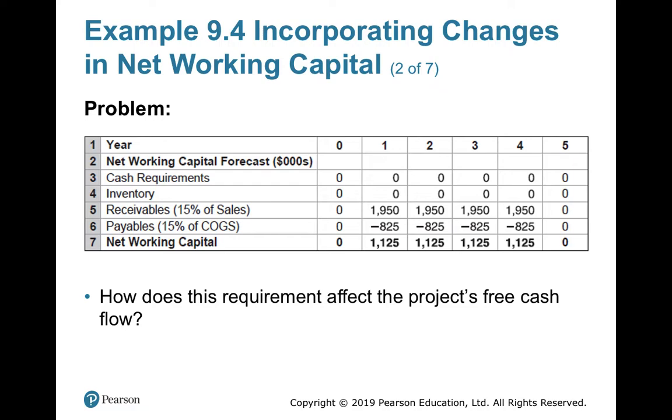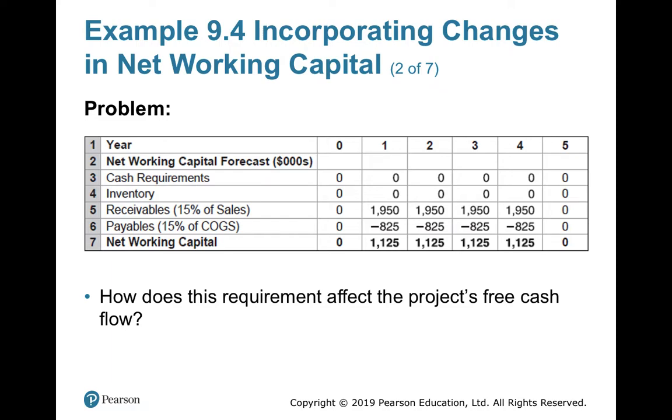Year 0, no requirement, because in year 0 there is no sale, no purchase. So 15% of 0 is equal to 0, and 15% of 0 cost of goods sold is also 0. But from year 1, 15% of sales will be 1950 and 15% of cost of goods sold will be 825.